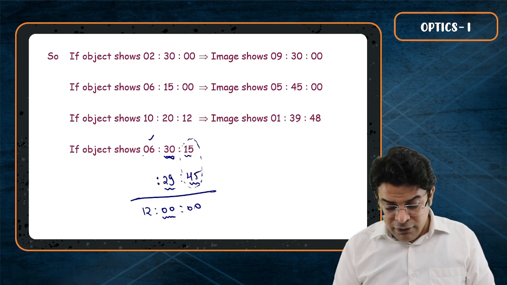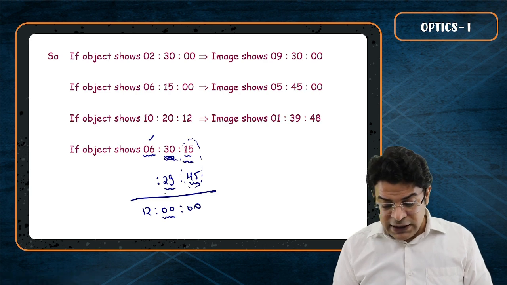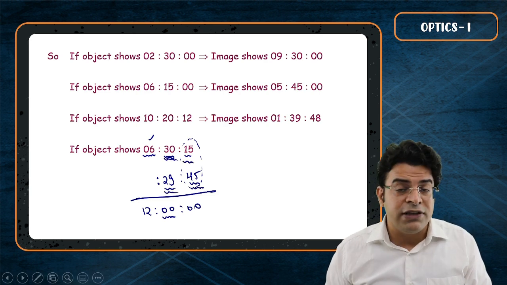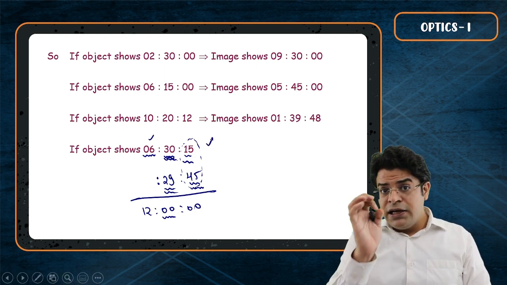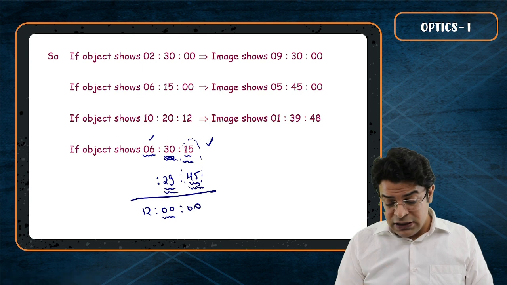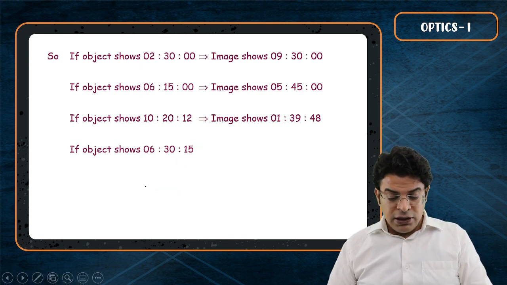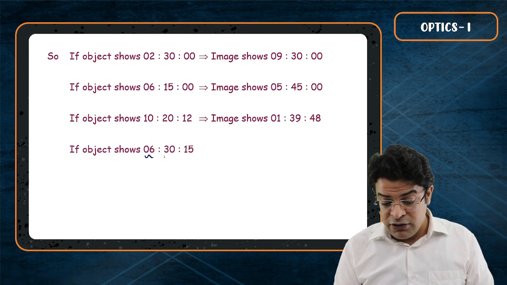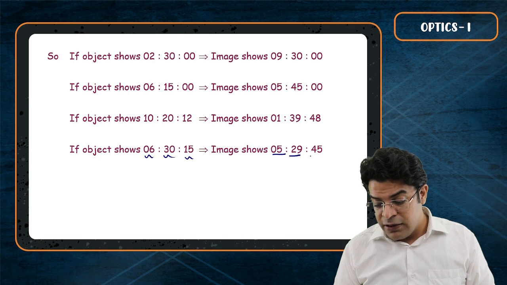Now I have got 6 hours here already. Due to 30 minutes and 15 seconds plus 29 minutes and 45 seconds, I have already got 1 hour extra, and I need the total sum to be 12. 6 are already there, so I need 5 more. So the answer will be, if the object clock shows 6 hours 30 minutes 15 seconds, then the image clock will show 5 hours 29 minutes and 45 seconds.